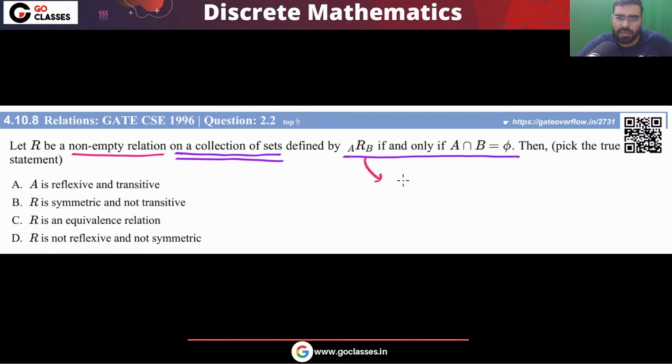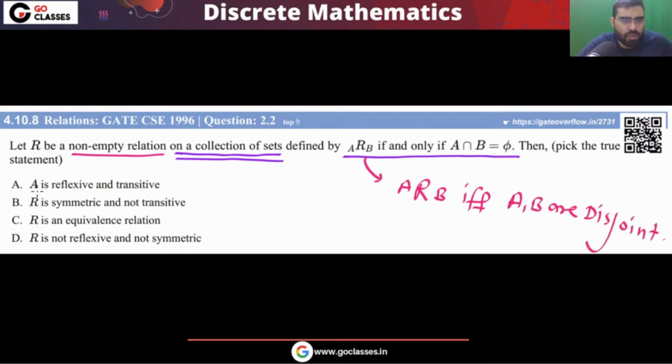Means A is related to B if and only if A and B are disjoint. So disjoint sets are related.